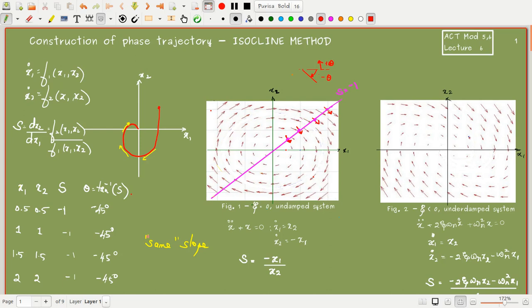I will get another line like this. Right, I got another line. See, if you look at this point, this point, this point and this point, if there is a line here, everything has the same slope. So I can join these points here, and this is a straight line.